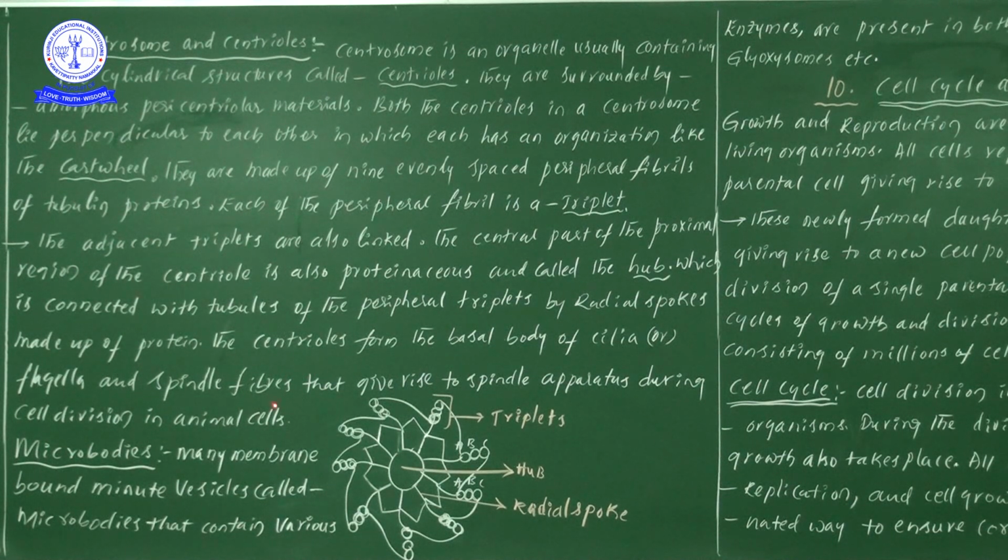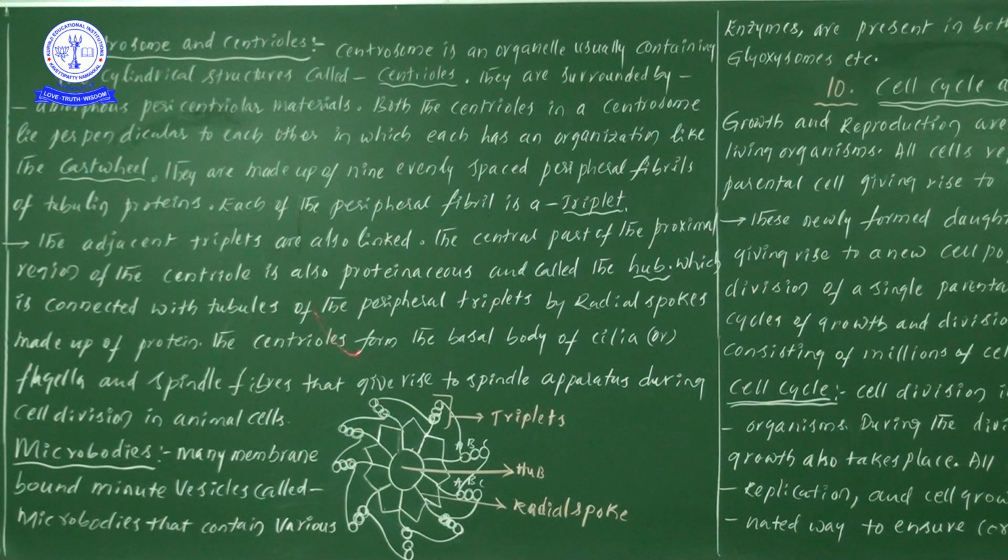Now next one is spindle fibers, which give rise to the spindle apparatus. Not only do these centrioles form the basal body, that is one kind of function. Next is spindle fibers, which give rise to the spindle apparatus during cell division in animal cells. Means these centrioles are involved in the development of spindle fibers, definitely in the cell cycle and cell division, only in animals.